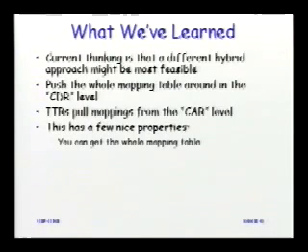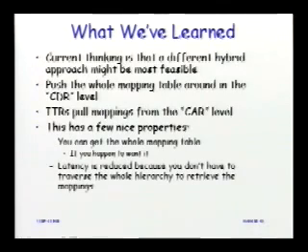You can get the whole mapping table if you want it. In the current CONS spec, there's no way to get the whole table conveniently, so if you happen to want it, for whatever reason, you can. Latency gets reduced because you don't have to traverse this whole hierarchy up and down to get the mapping, so that's nice. And that's about all I have.